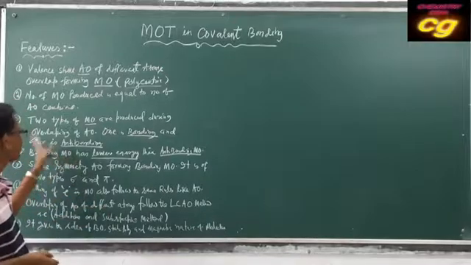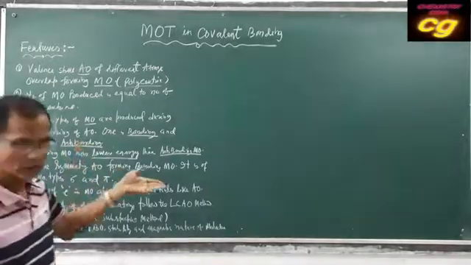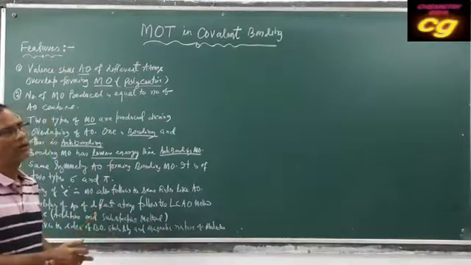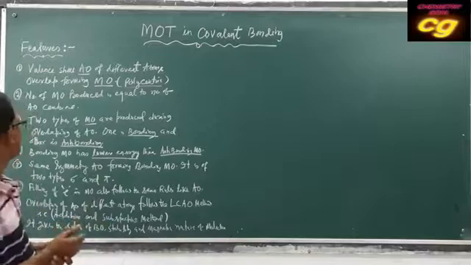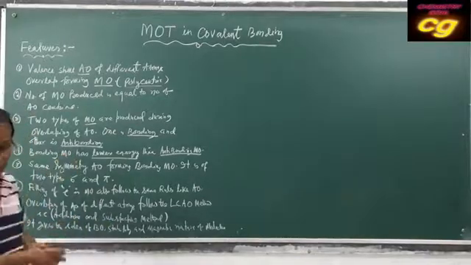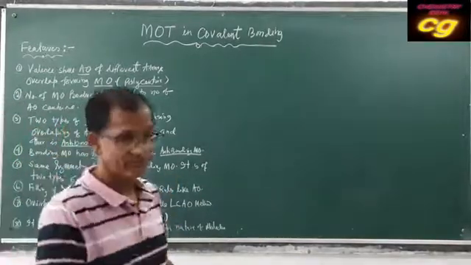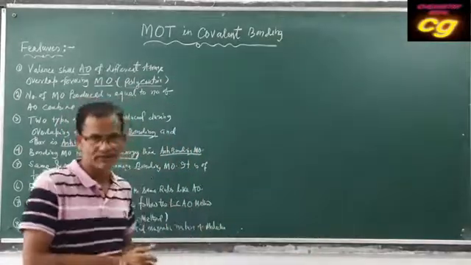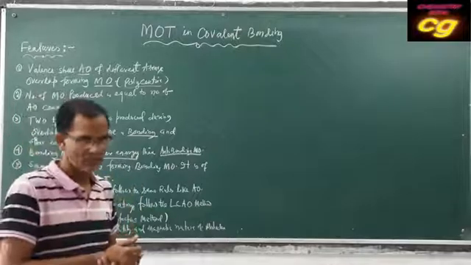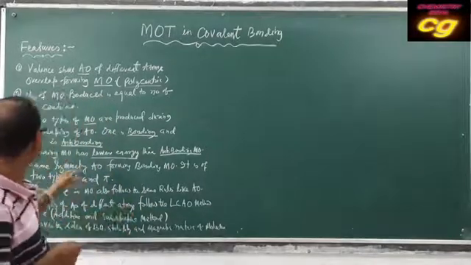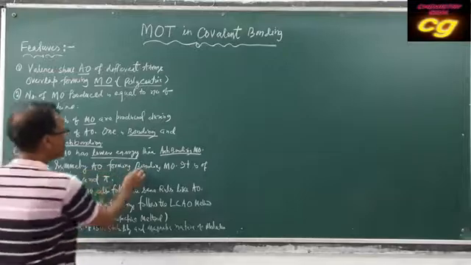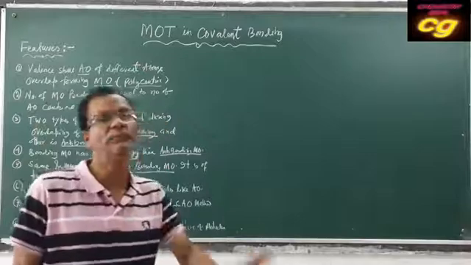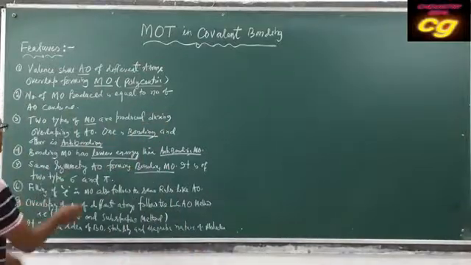If the atomic orbitals have closer energy and the same symmetry, that means the arrangement is the same, then they produce bonding molecular orbitals. Same symmetry orbitals produce bonding molecular orbitals. Symmetry must be the same.